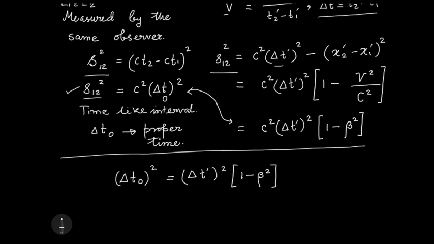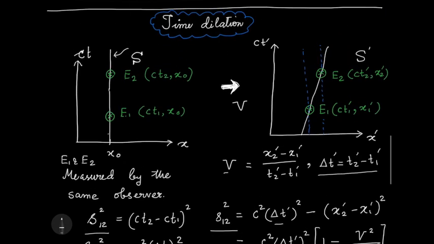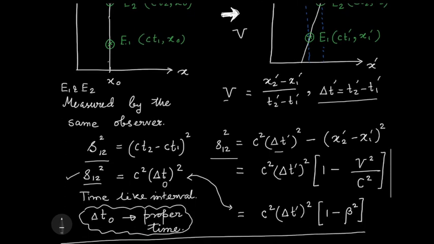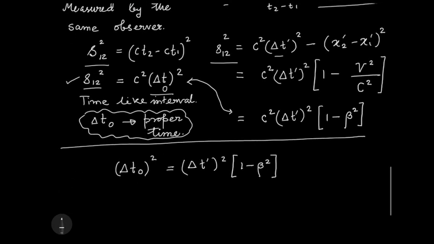Fine. Now you see, here delta t0 is a very sacrosanct number. It's the proper time, right? And it's also related to the interval. So this delta t0 is something that doesn't care about which reference frame you are in. I can always get delta t0 if I divide the interval calculated in any reference frame by c square, or interval by c. Then I will get delta t0, right?